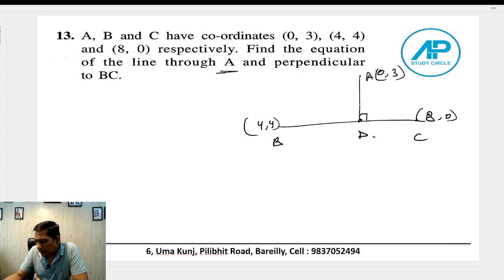Now, you should have in your mind what I require for this line AD. For line AD, I require slope. Now, we don't have any method, as D is not the midpoint of BC. It is not a median, not a perpendicular bisector, only a perpendicular on BC. Find the slope of BC.